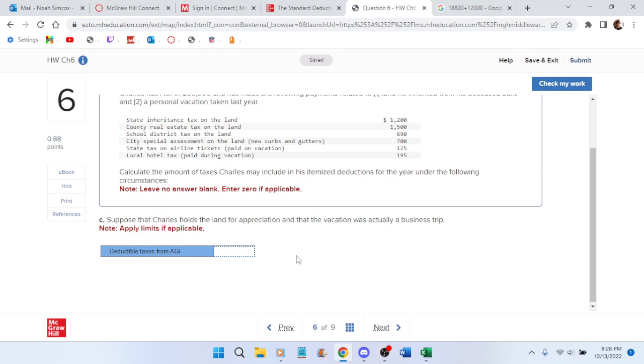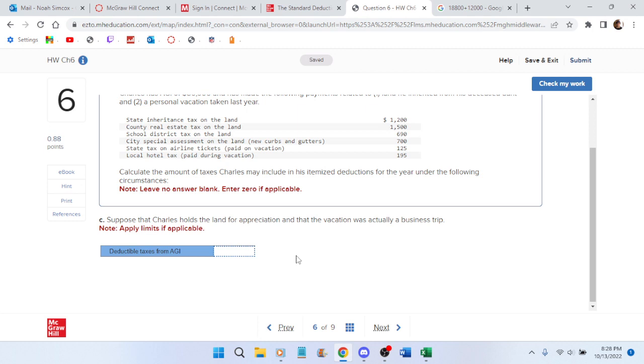Which tax gets to be included? Let's see here. Hotel tax. Maybe the airline tickets.